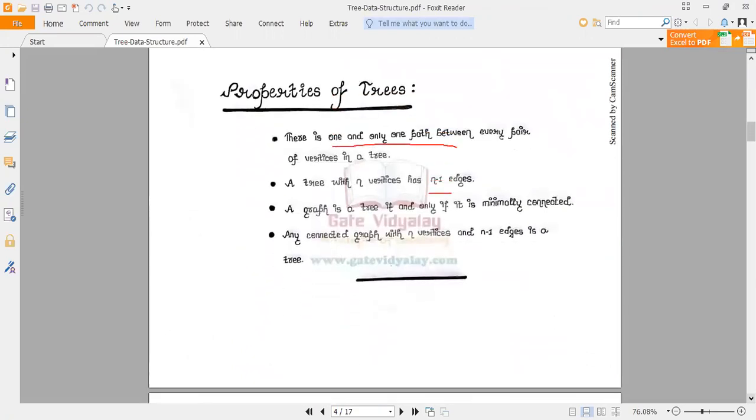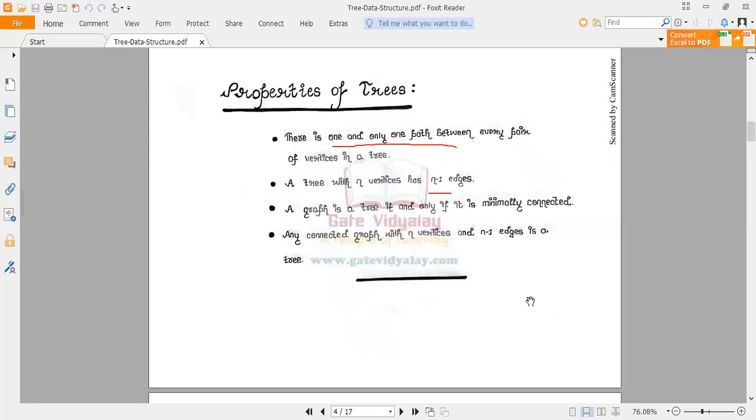Then next, a graph is a tree if and only if it is minimally connected. So a graph can be a tree, but a tree cannot be a graph, because in a graph we may not have a complete circuit, and then it will be considered as a tree.